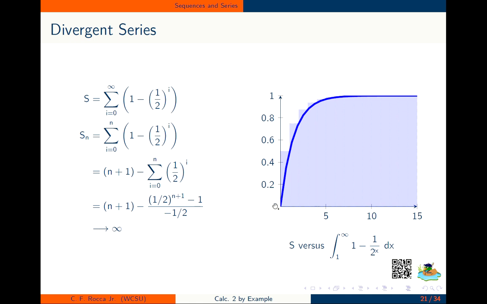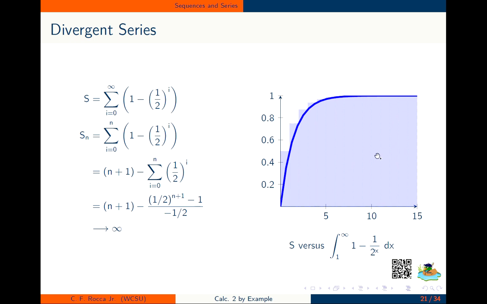Another way we can see this, and we'll look at this in more detail later on, is we can compare the series to an integral. The series is the summation of all these rectangles, and the height of those rectangles is approaching 1. It becomes almost indistinguishable from 1.